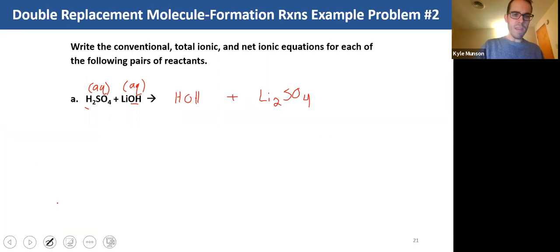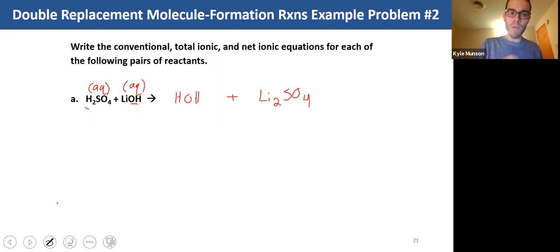That comes from when we have to make the compound balance in its charges. Instead, because it's aqueous, we look on our ion chart and see the charge of hydrogen, +1, a proton, and the charge of hydroxide ion, which is -1. So I need 1 proton and 1 hydroxide ion.